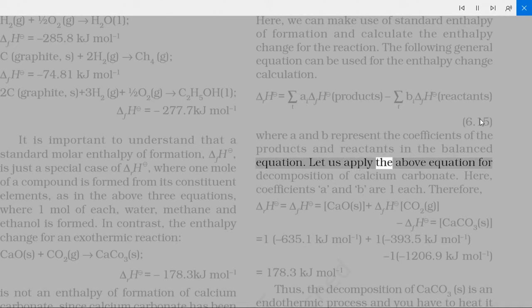Let us apply the above equation for decomposition of calcium carbonate. Here, coefficients a and b are 1 each.